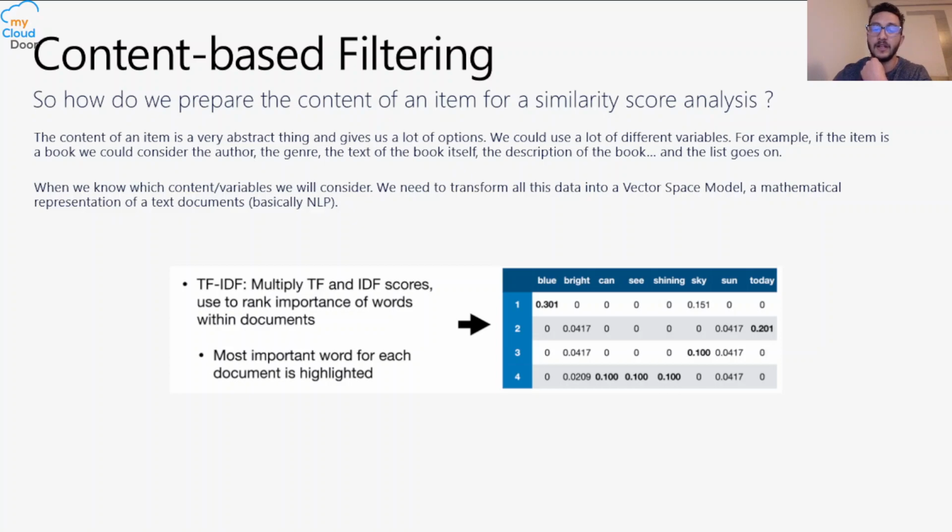And then we have the count vectorizer, which is much simpler than the TF-IDF. It's basically used to convert text documents to a vector of word counts. It does the same thing as TF-IDF, but without calculating the importance of words. So we just get a count of the word, like how many times that word appeared in each item. And that's it.